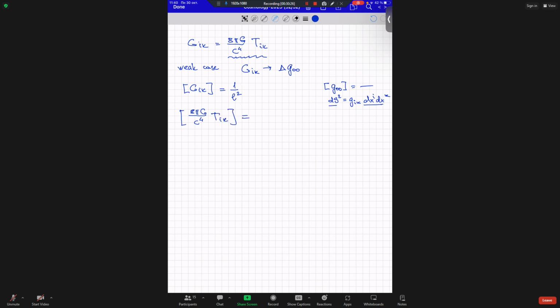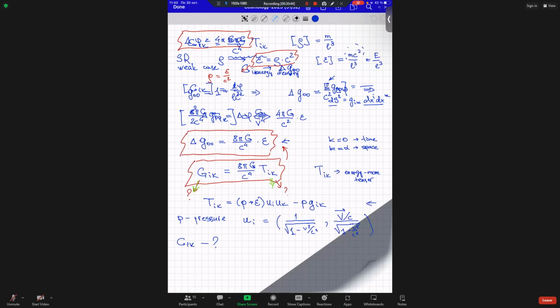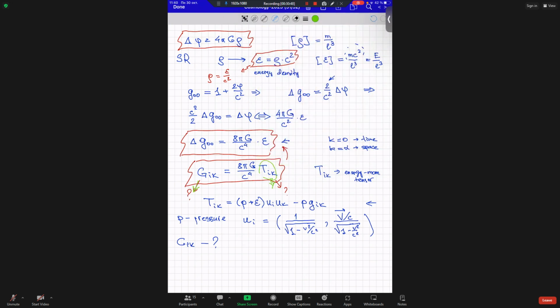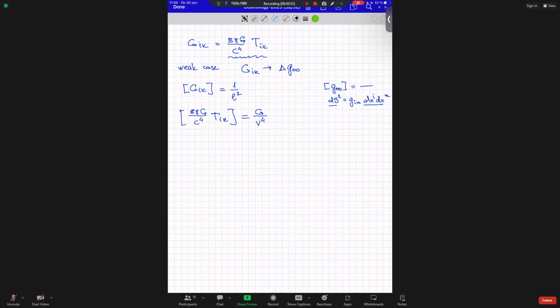So it doesn't matter about 8π. It means that we need to put the dimension of G and the dimension of T_00. From this consideration, I know that the zero component of the energy momentum tensor should be energy density. So I can put here epsilon.